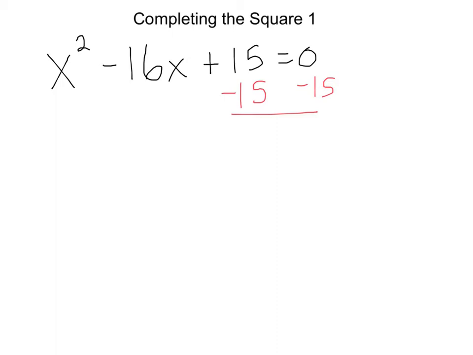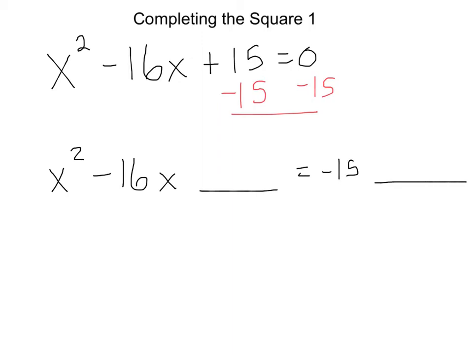So I'm going to write this as x squared minus 16x, leave a space, equals negative 15, and then put a space after it as well. Now you need to fill both of those spaces. So you need to add something to both sides.